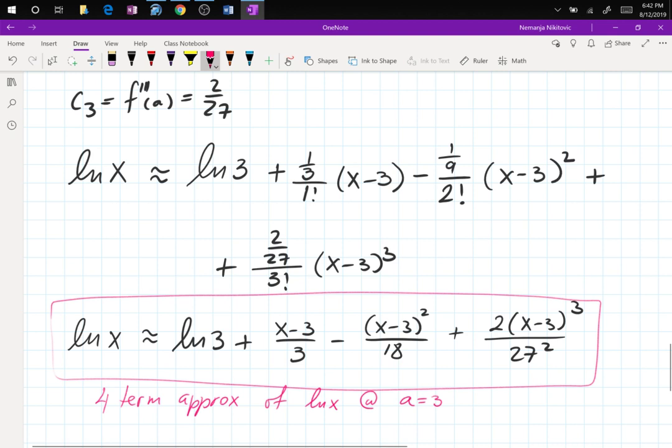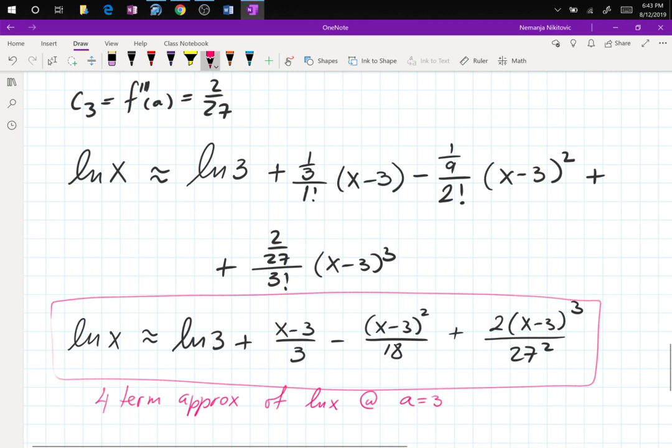The more terms you have, the further out it goes to match the whole thing. So now I'm going to add plus 2 times x minus 3 cubed divided by 27 squared, and as you can see, that bent the function a little bit more.